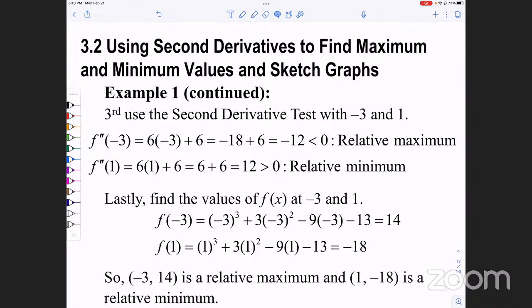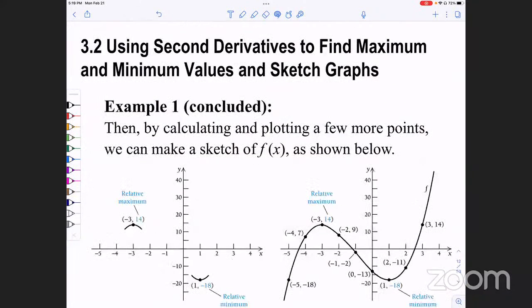When x was -3 into the second derivative, we got a relative max. And then we found the corresponding y's for -3 and 1. So we got our relative max and our relative min. So they plotted those, and then they just plotted a few additional points, and they get an image like this.